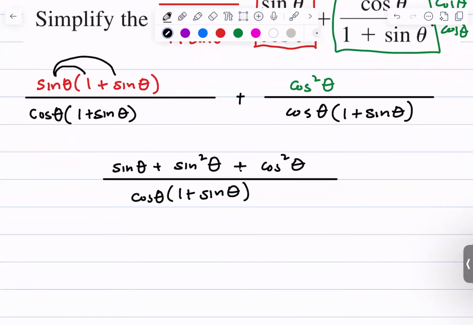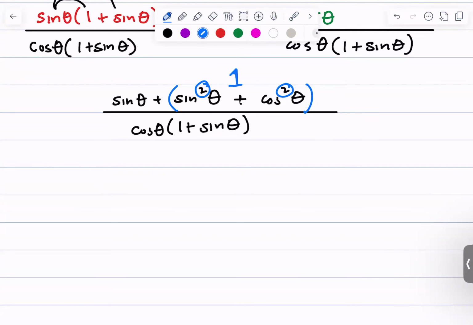Now, remember one of our tips. Whenever I see a trig ratio or trig function squared, I'm going to think about those Pythagorean identities. And I see two of them, sine squared theta plus cosine squared theta. This equals 1. Right?